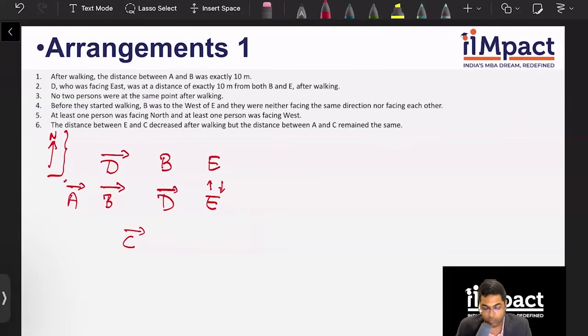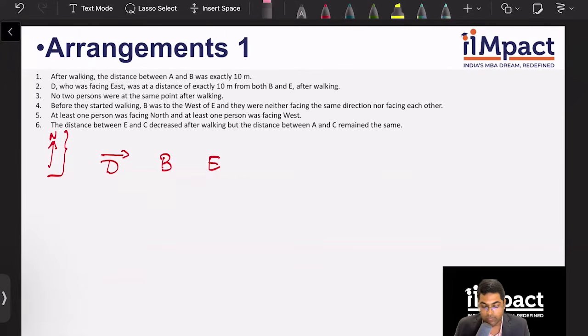Here we have 4 people moving east and one person moving north or south. Is this possible? No, right? I hope everybody understood how we arrived at and eliminated this case. So therefore, I know that this case is also not possible.